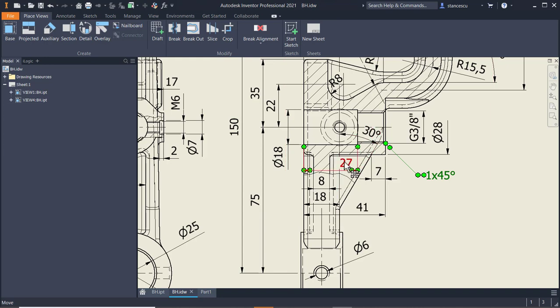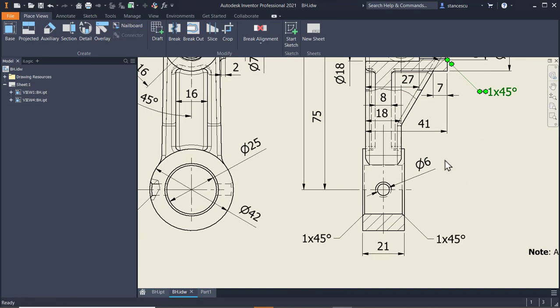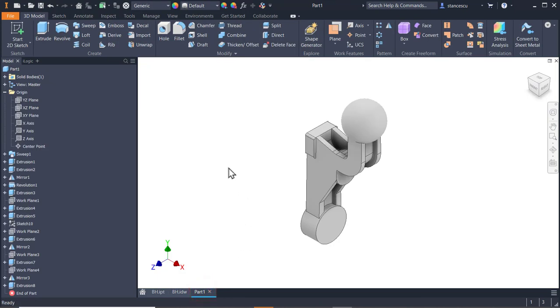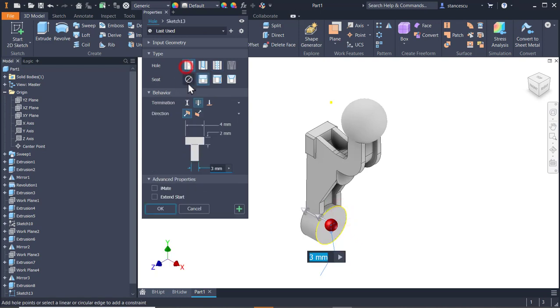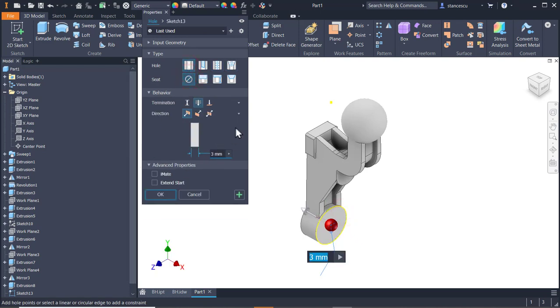This is 27, and the last one is diameter of 6 through this cylindrical end. Okay. Hole, this face, this center, of 25 through.